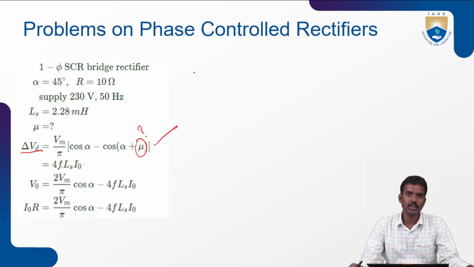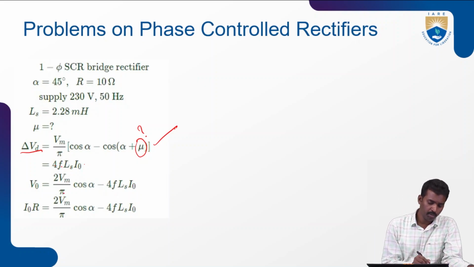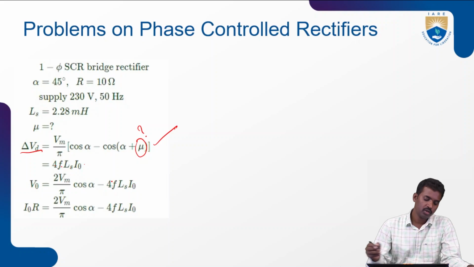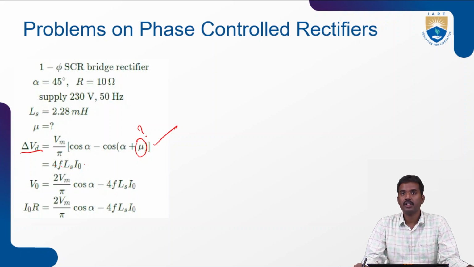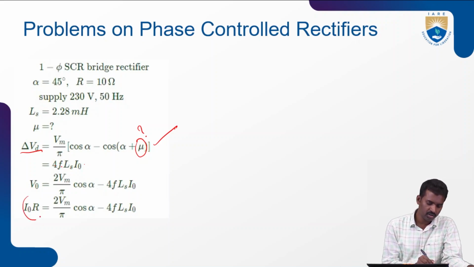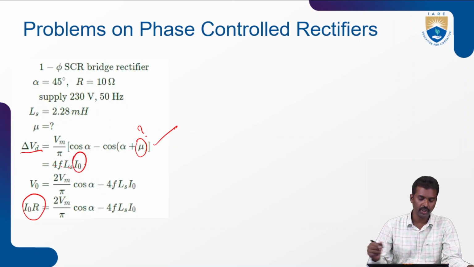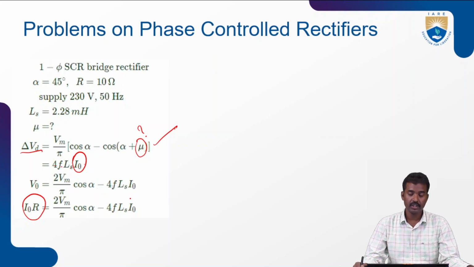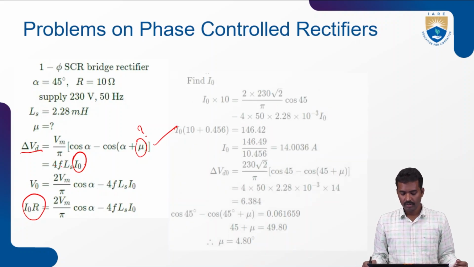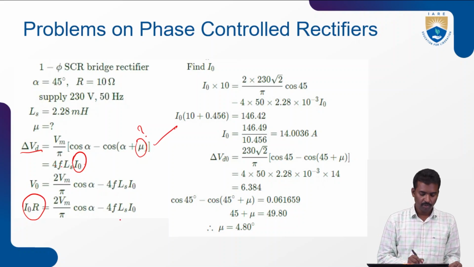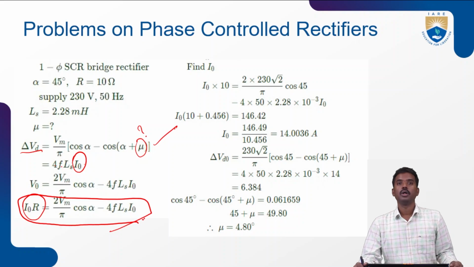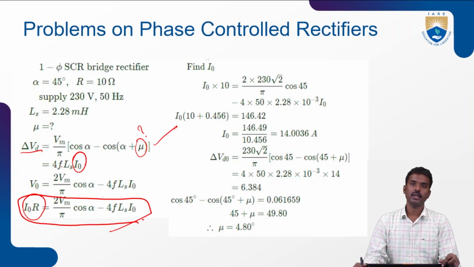And V naught equals, what is the formula again? 2 Vm by pi cos alpha minus 4F Ls I naught. So first calculate I naught from this equation. I naught equals 2 Vm by pi cos alpha minus 4 F into Ls into I naught. First calculate I naught from this equation.